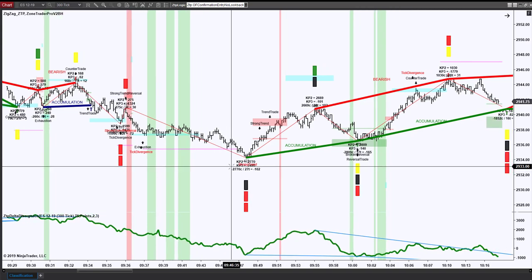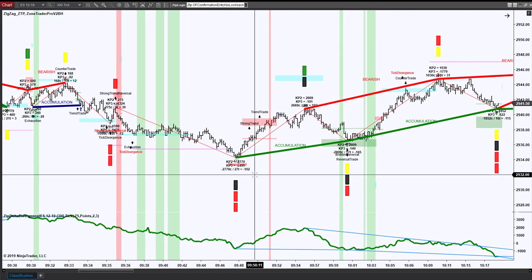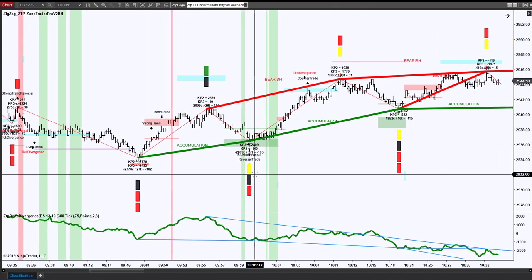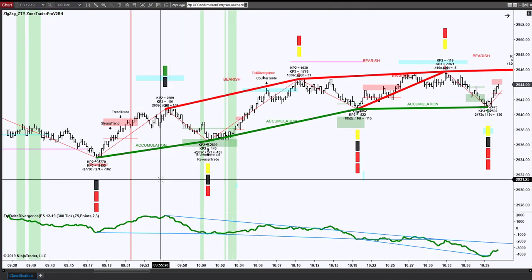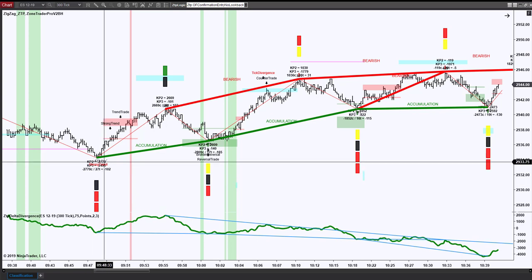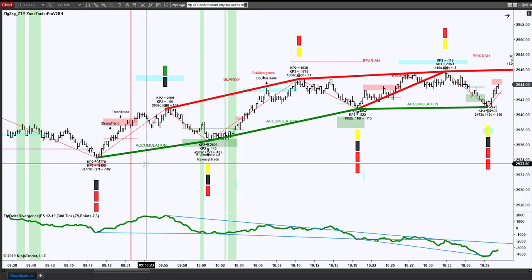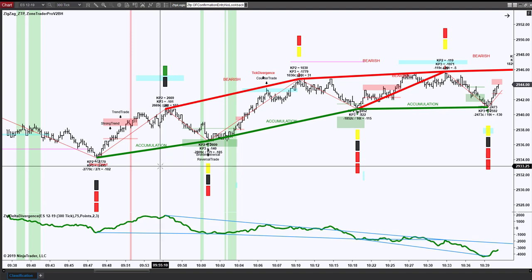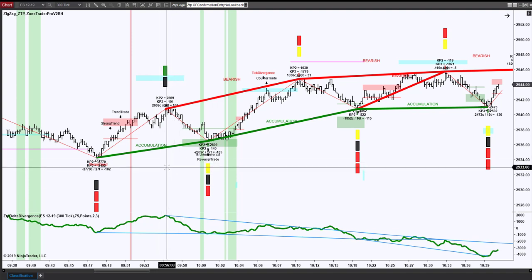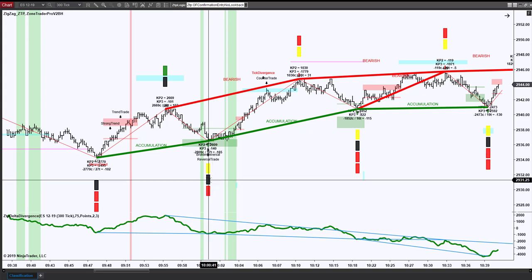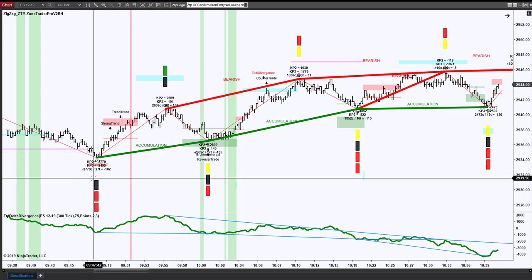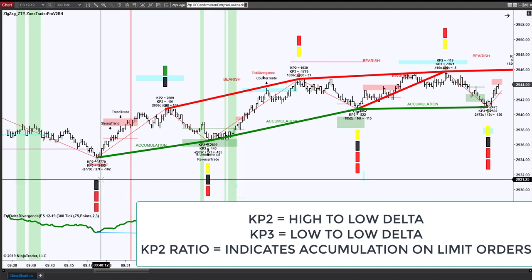Now what becomes very interesting here is a series of accumulations that began occurring between 9:47 going into the next hour. What was occurring in this period is something that I've talked about before: the market here was under an accumulation, and the ZoneTraderPro software in two different ways caught that perfectly. Here we see that we had both a double red and a black.